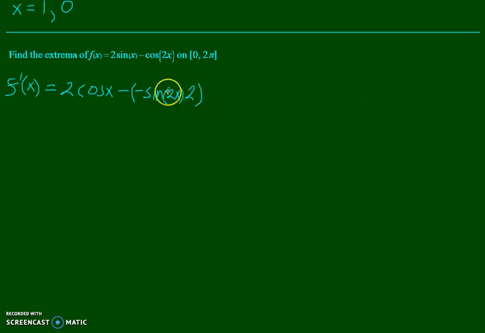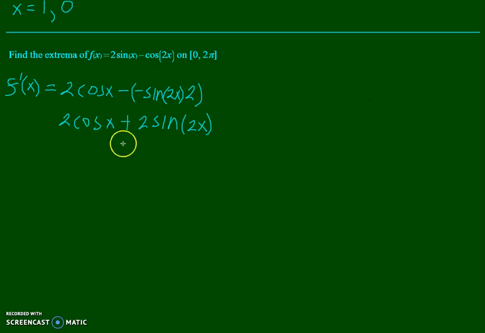And so we'll simplify this a little bit. So we have 2 cos x plus 2 sine 2x. And now we want to set this equal to 0 and solve.